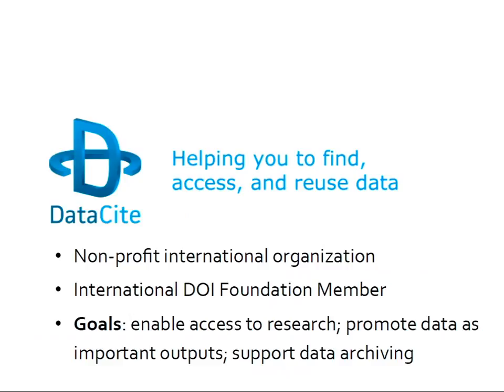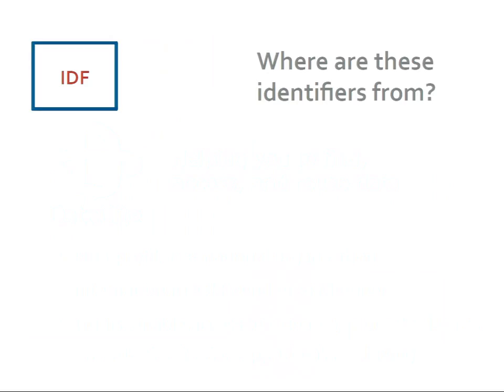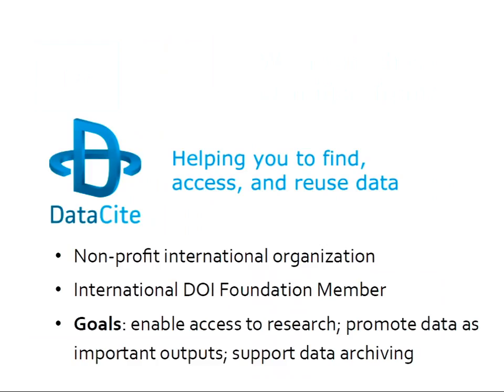The big goal for DataSite is to enable access to research, promote data as important outputs, and support data archiving. They've got some great goals, and it's a great organization that we work with closely to create these DOIs for our researchers. So the identifiers that we have come from the International DOI Foundation.